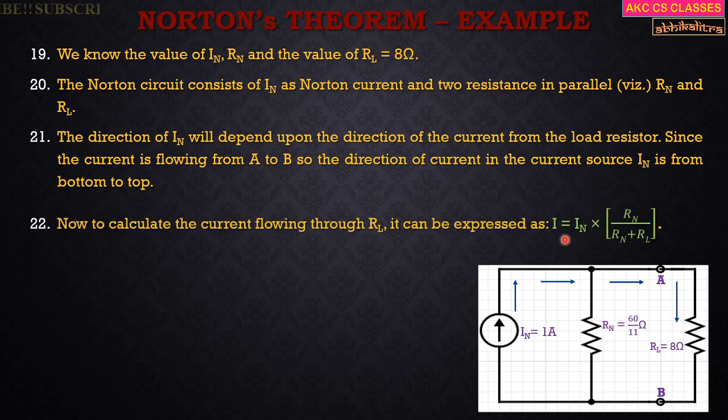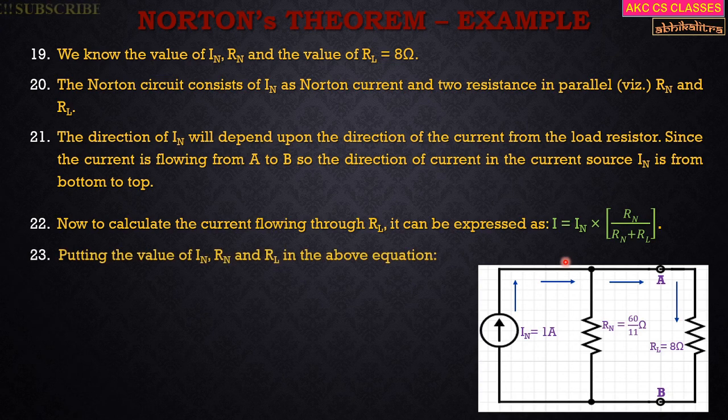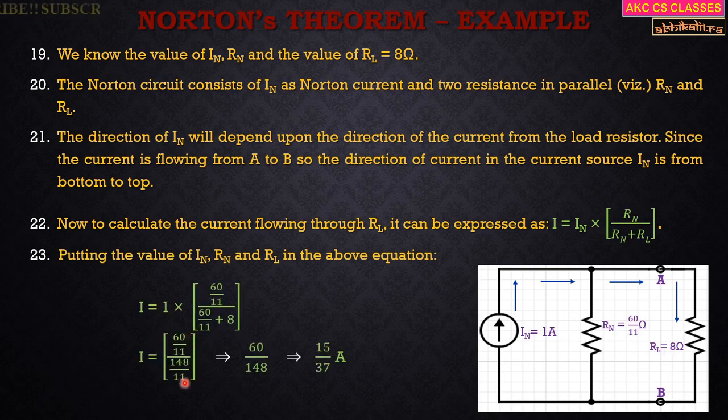Now if we have to calculate the current that is flowing through the load resistor RL, it is given as I equal to IN times Rn divided by Rn plus RL, right? So we have to just substitute the values in this expression. IN we know is 1 ampere, Rn we know is 60 by 11, RL we know is 8 ohm. So now we obtain 60 by 11 divided by 148 by 11. So 11 will get cancelled out. We are left with 60 by 148.